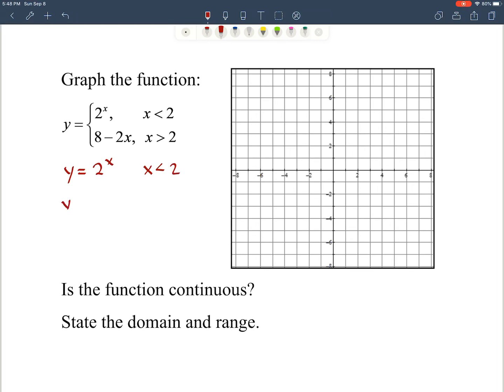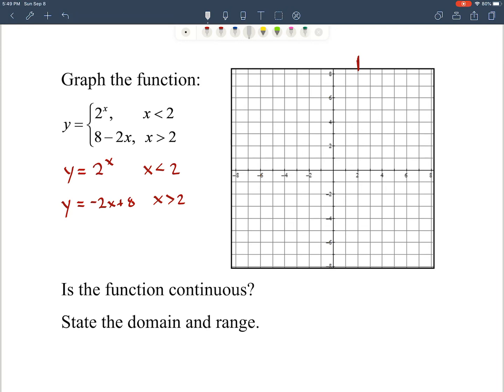And the second part would be y equals negative 2x plus 8, and that's for everything greater than 2. So notice our transition point, we don't actually have a point at 2. They're both excluding the value 2 in the domain, but we will still need to go to that point before we shift directions.